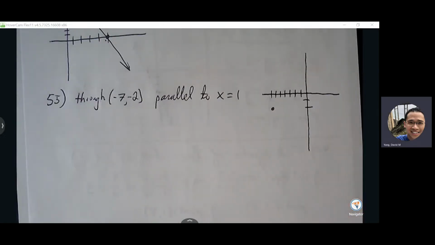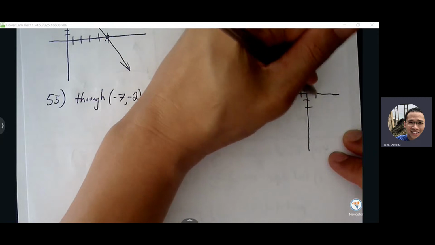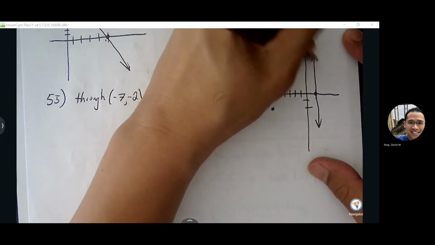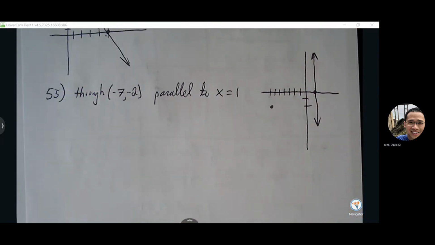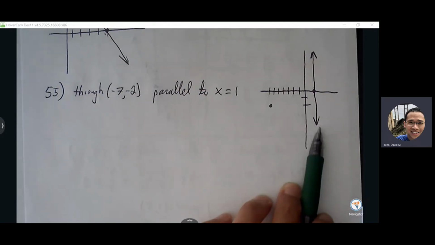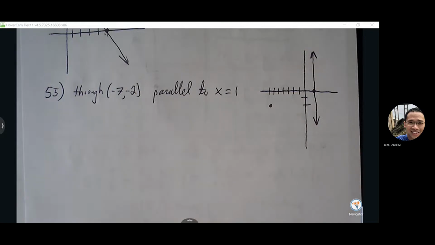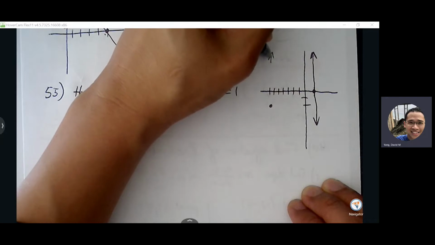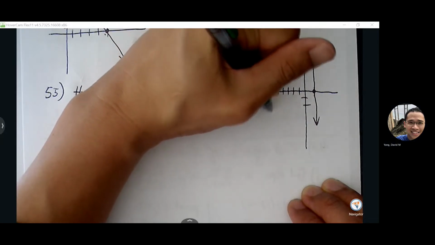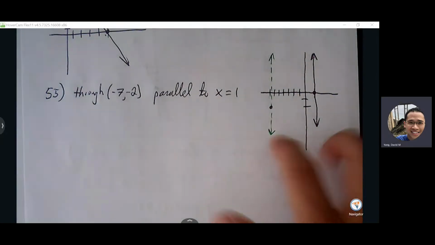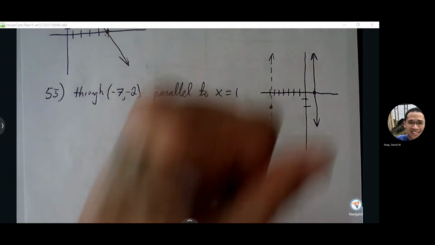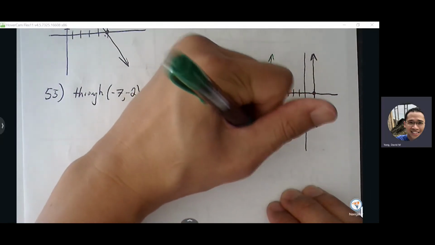And x equals 1 is a vertical line that goes through the x-intercept of 1. So how can I create a line that's parallel to this line, but going through this point? X equals -7. It's just a vertical line that goes through that point. And then we know a vertical line has the equation of x equals, so this is just x equals -7.